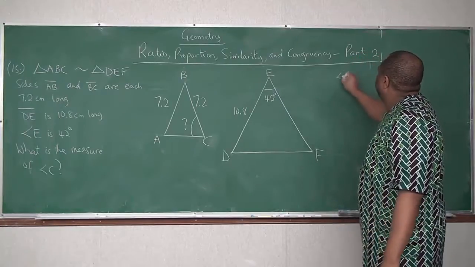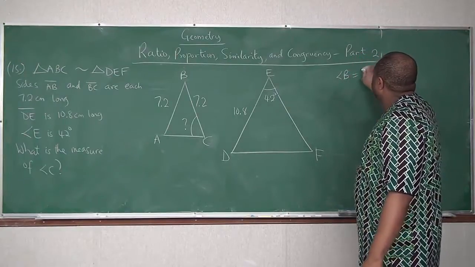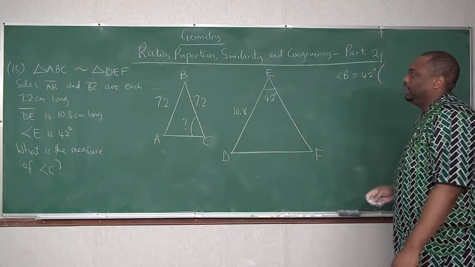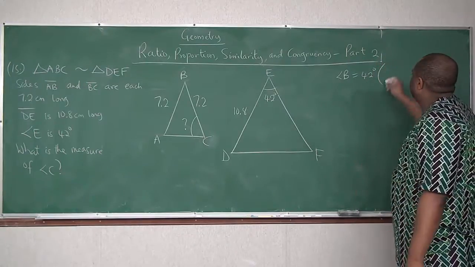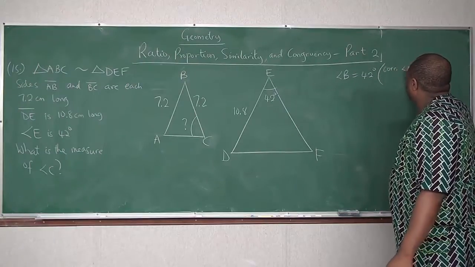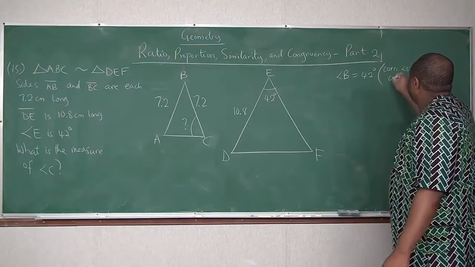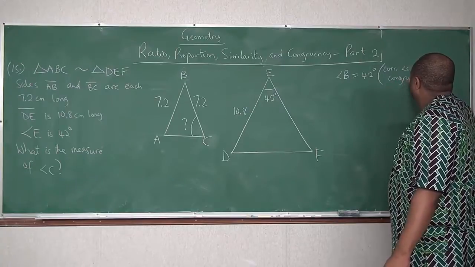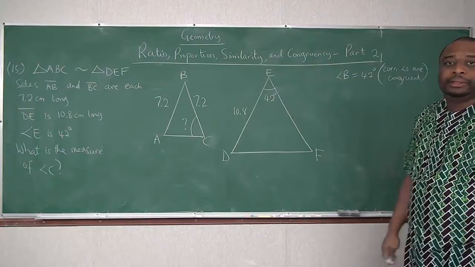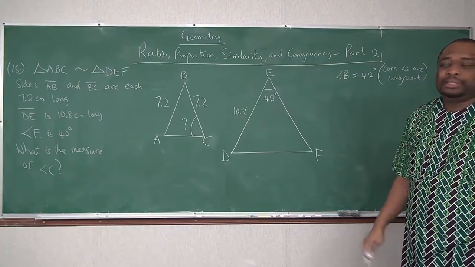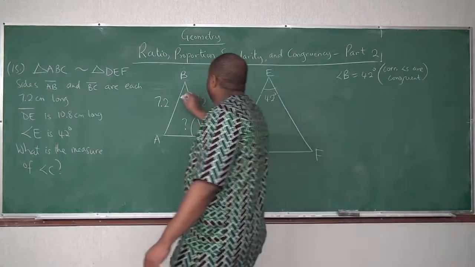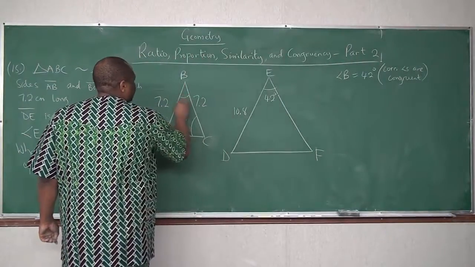So angle B is 42 degrees. Reason: corresponding angles are congruent because of the similar triangles.